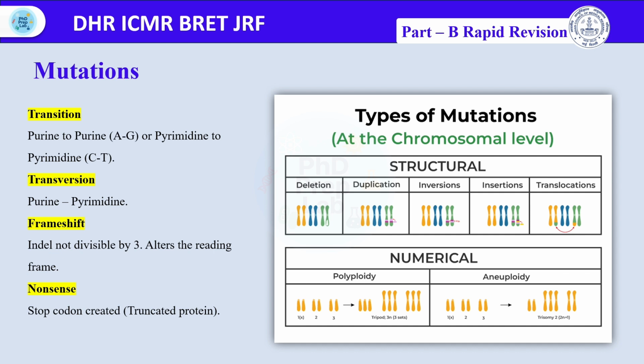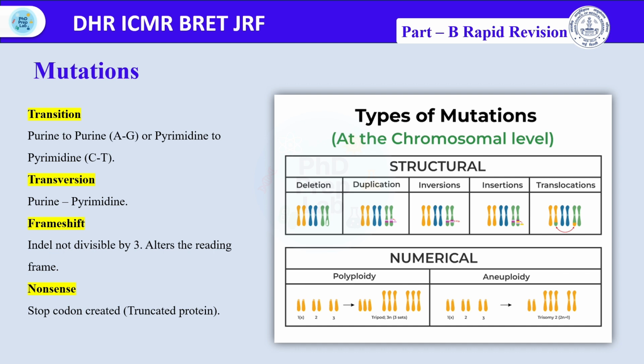Okay, now in frame shift, basically you see a shift in the frame of the codons. Okay, so they alter the reading frame. So if there is a change in one of the codons, all of the codons are affected from the point of mutation. Okay, so I will give you an example.